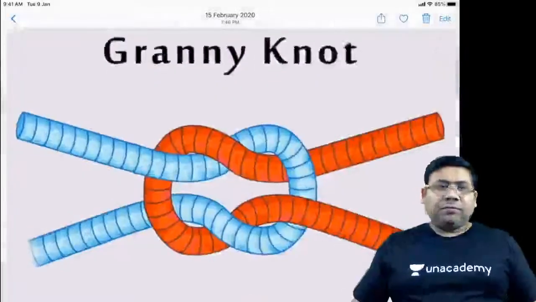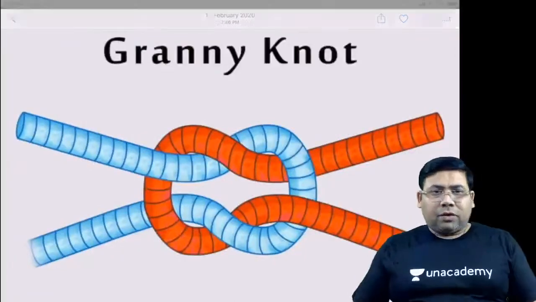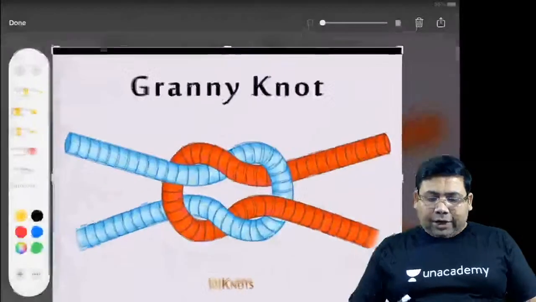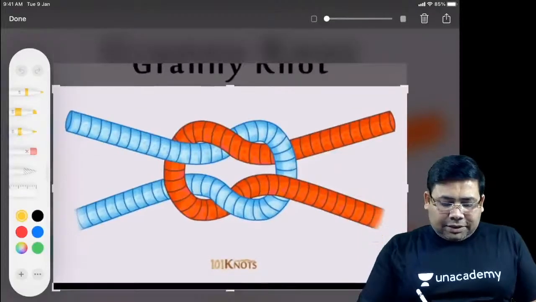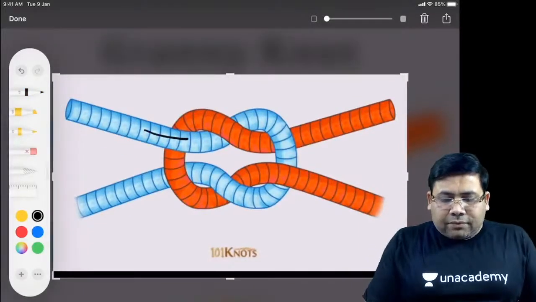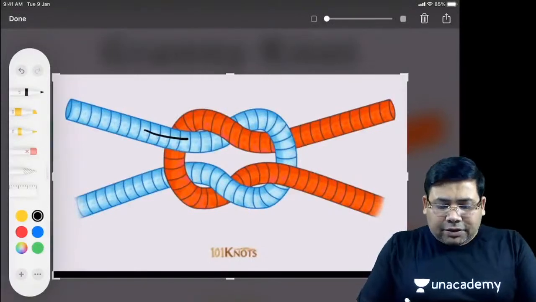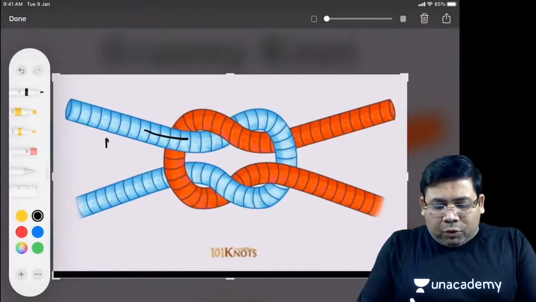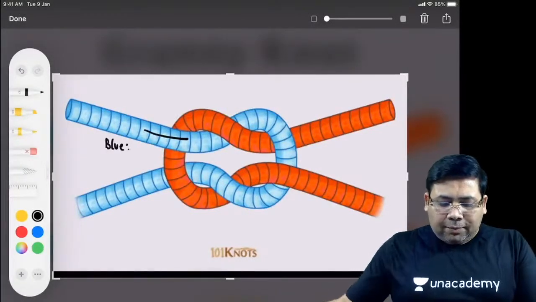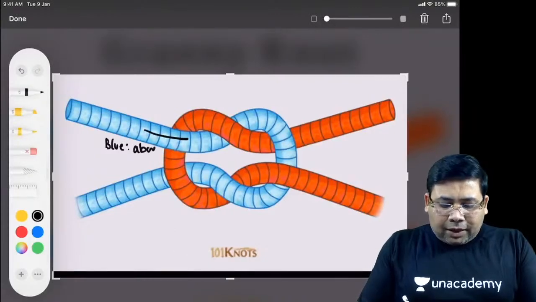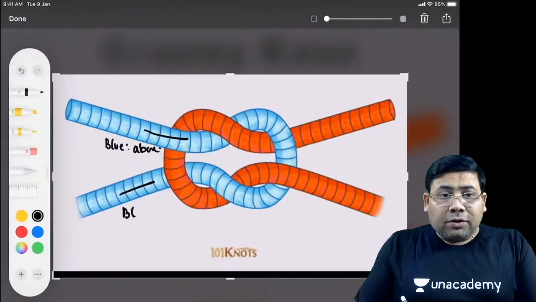Try to see this knot and try to identify it. Select any one end. Suppose you have selected this end. Blue is above, and here the blue is below.